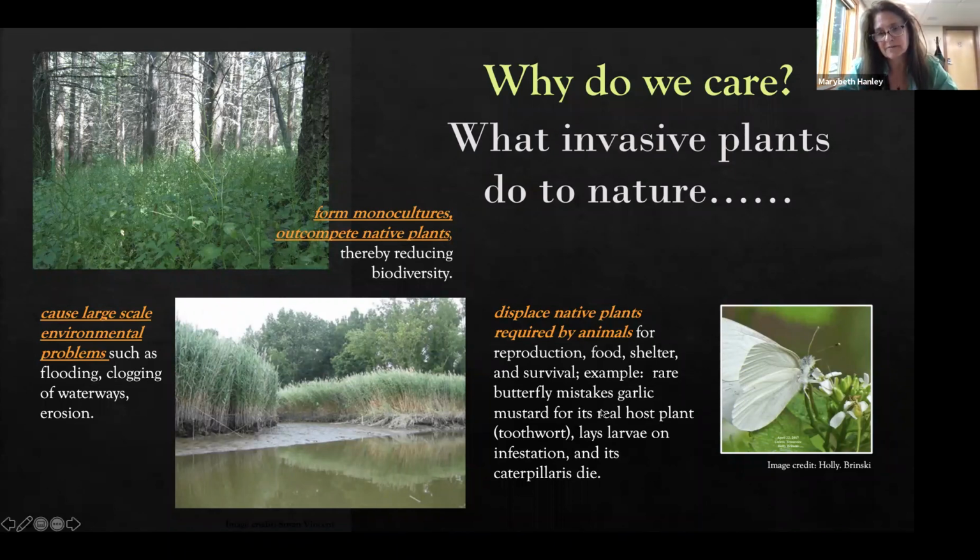And sometimes there are direct and indirect effects, as in the case of this rare West Virginia butterfly. The butterfly mistakes an invasive plant for its host plant, because garlic mustard looks very similar to the toothwort plant, and it lays its larvae on garlic mustard, and the caterpillars die. So it can also affect the life cycle of animals as well.